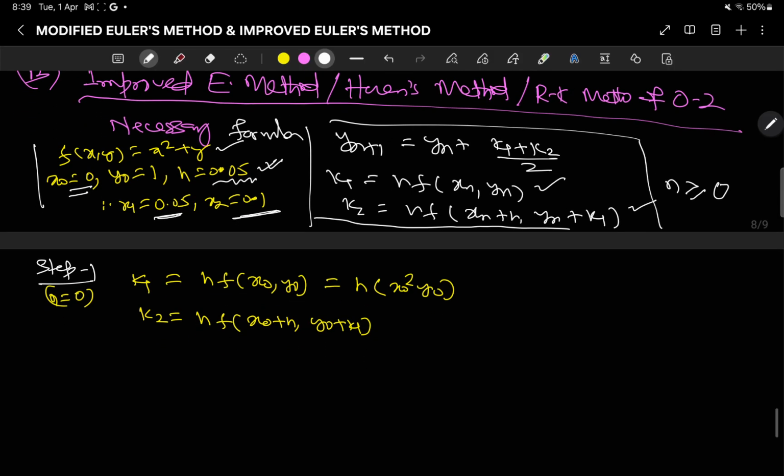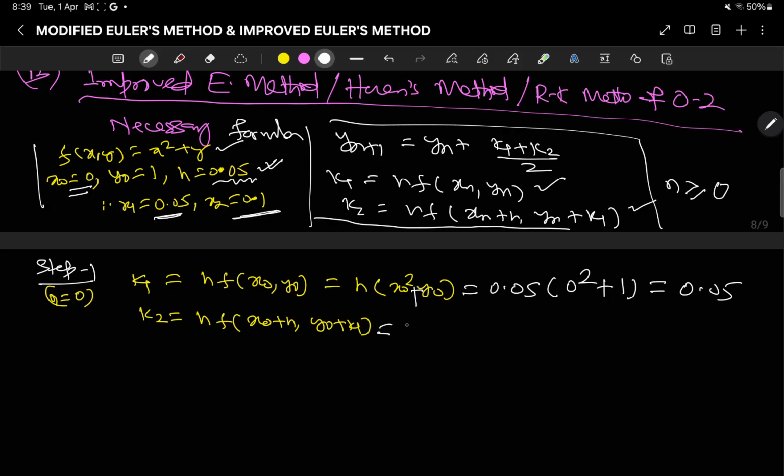So at step 1, k1 is equal to h f(x0, y0). So f(x, y) is x0 square plus y. So it is 0.05 times (0 square plus 1), which is 0.05. And k2 is h f(x0 plus h, y0 plus k1).